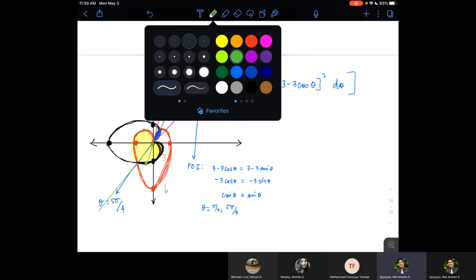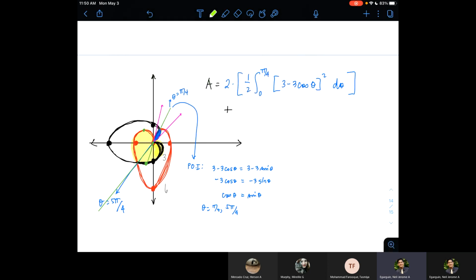So I can just set up the integral for the light green portion here and just multiply it by 2, because this region has the same area as the one with the dark green side. And I'll just multiply the answer by 2. So here I'll use the light green region.